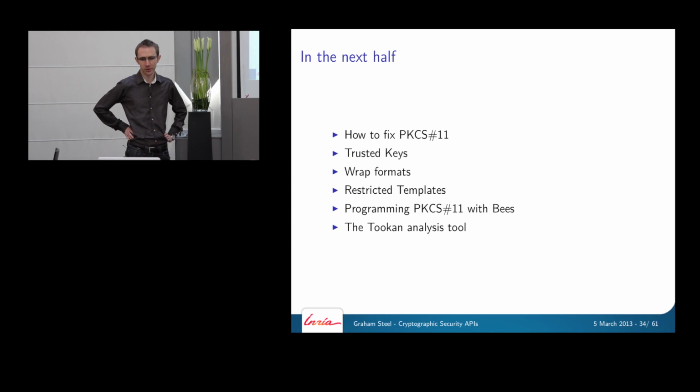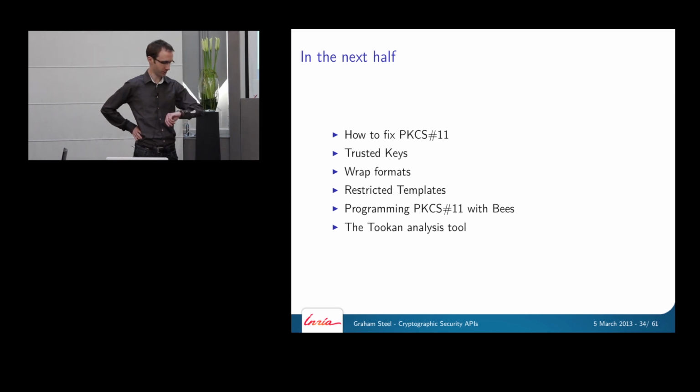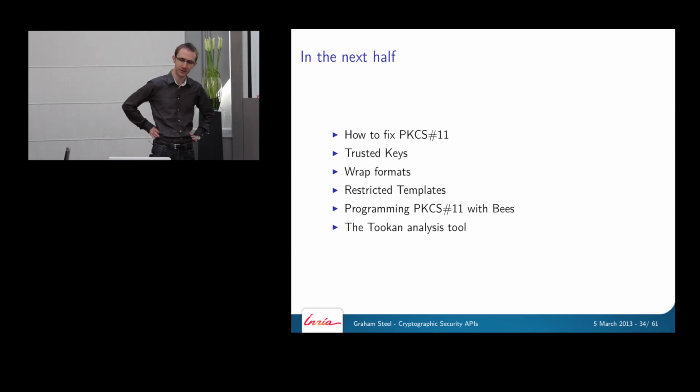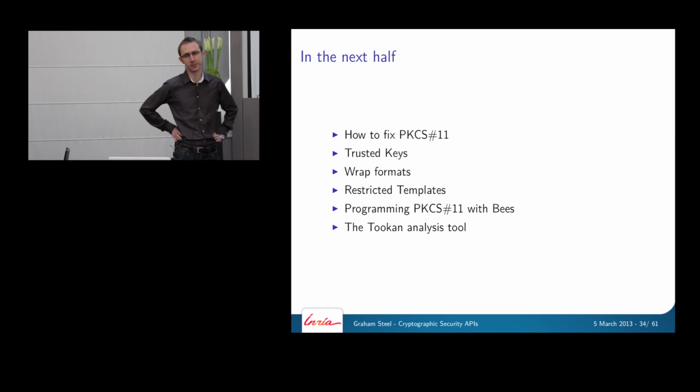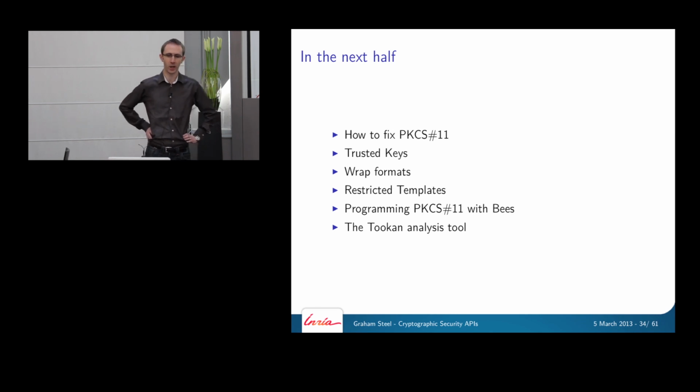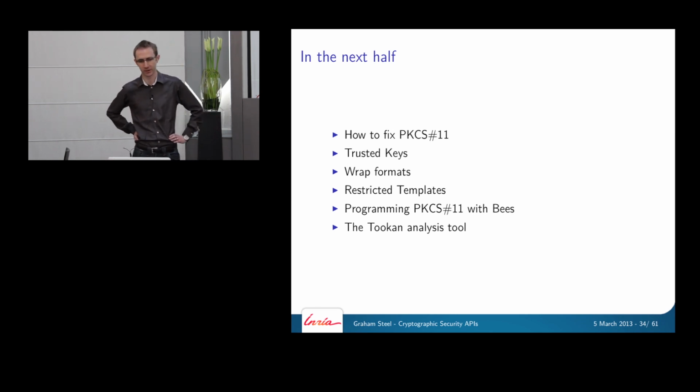I'm also going to talk very briefly, depending on whether I've got time left, probably there will be enough time, a little bit about the library that we use for programming PKCS 11. This is especially important if you're going to come to the practical this afternoon, because that's what we're going to use to do some hacking experiments on some simulated PKCS 11 hardware. And I'm also going to give a video demo of our analysis tool, which lets you take a PKCS 11 device and work out whether any of these attacks are present or not.